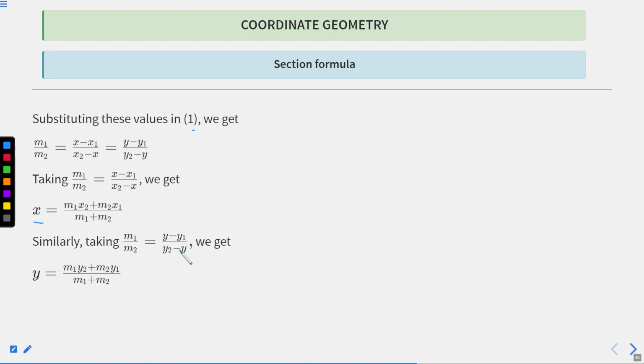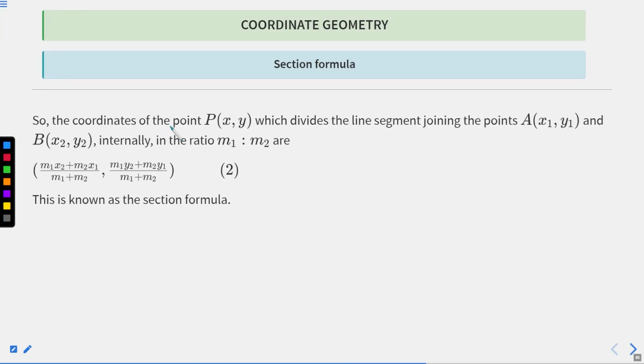Okay, and similarly taking m1 by m2 equal to y minus y1 divided by y2 minus y, we get the value of y is equal to m1 y2 plus m2 y1 divided by m1 plus m2. So here we get x equal to m1 x2 plus m2 x1 divided by m1 plus m2, and y equal to m1 y2 plus m2 y1 divided by m1 plus m2.